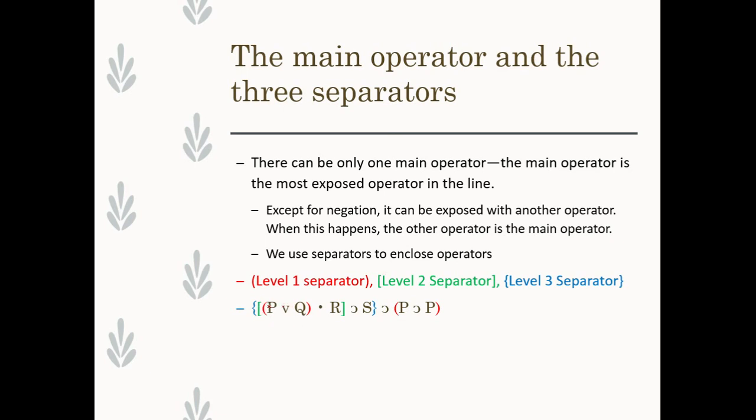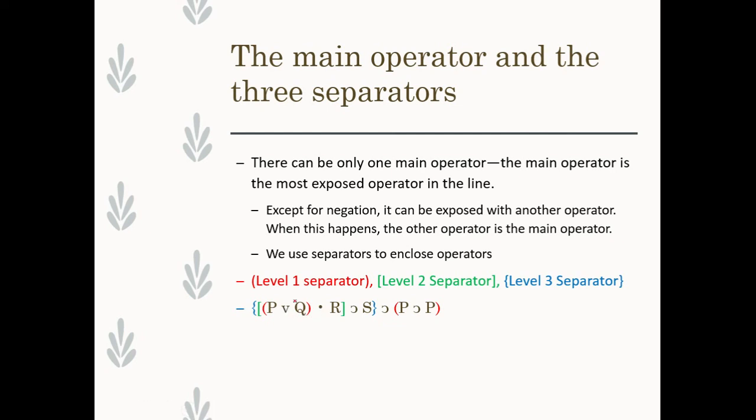So for this example, P wedge Q is enclosed with the parenthesis. Now if you're enclosing the P wedge Q with that dot R, you already have a parenthesis doing an enclosure, so you move to the square bracket to enclose that parenthesis with something else. And now that you have the green square bracket enclosing the P wedge Q dot R, all of that stuff is enclosed.